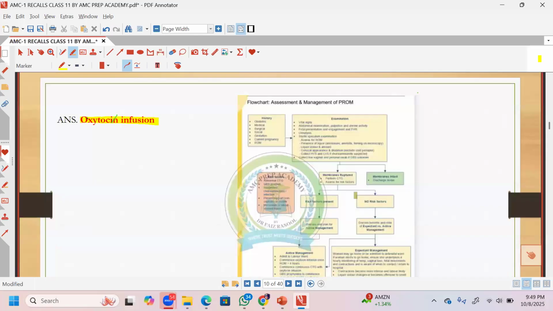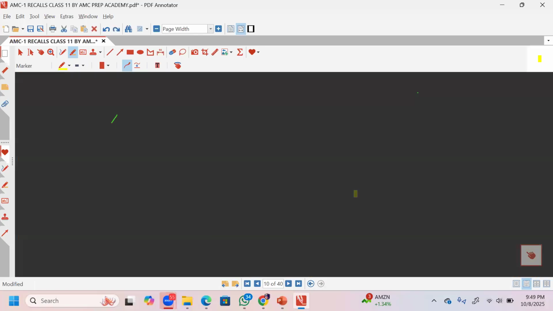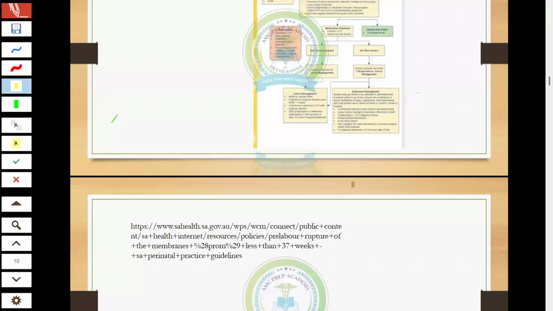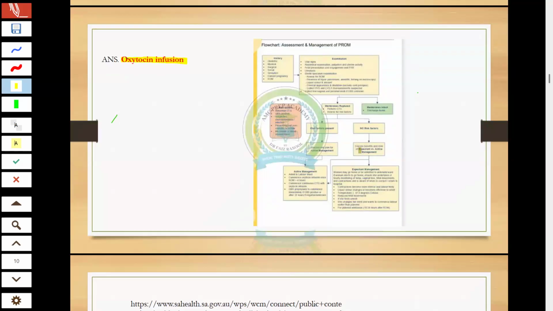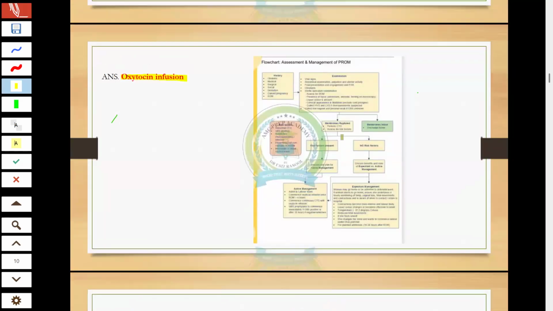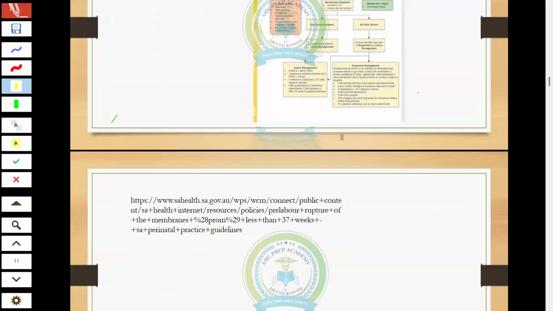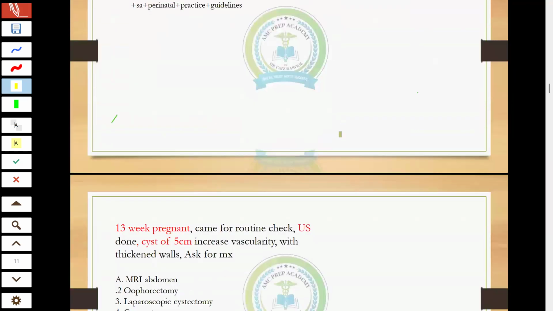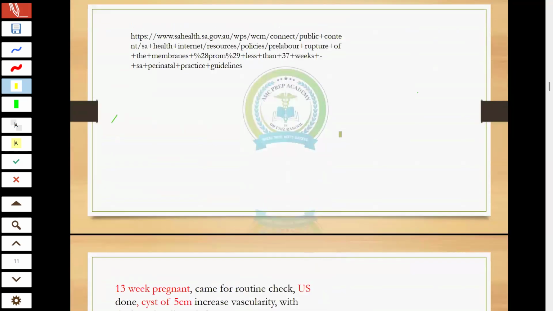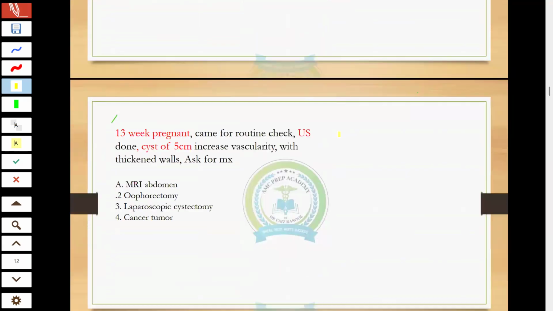Move to next. No, doctors, no. Prostaglandin has a different indication. In this question, don't go with prostaglandin. You see here in the complete flowchart, nothing is written about prostaglandin.